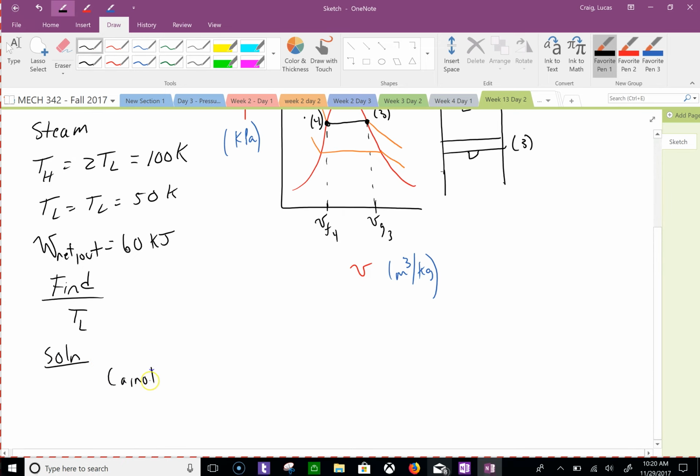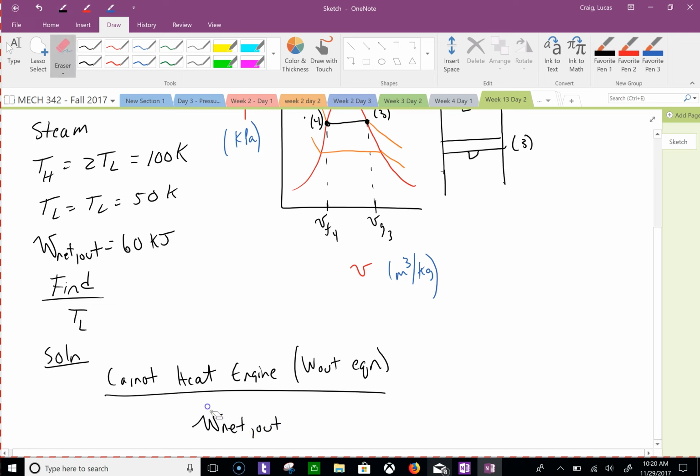So Carnot heat engine. And I'm going to put the work out equation. So W net out. When they say TH and TL, they're just talking about the temperature in one phase to the other.